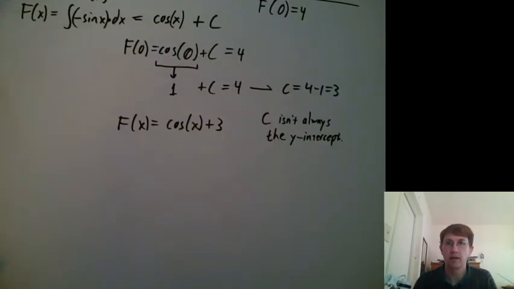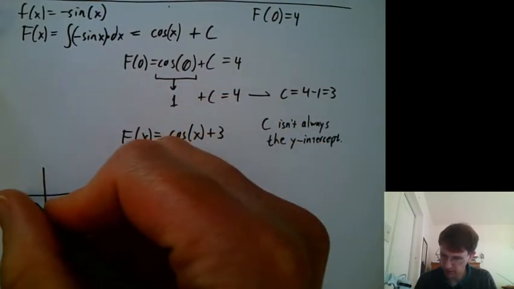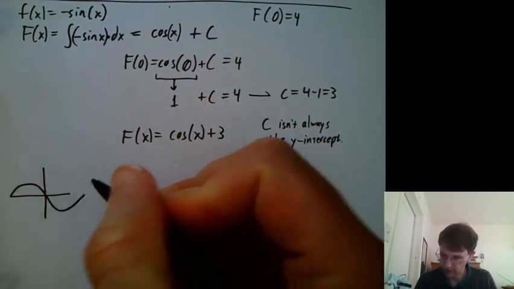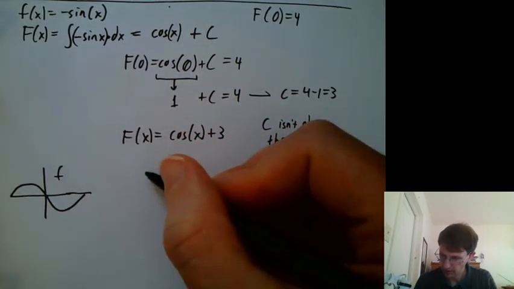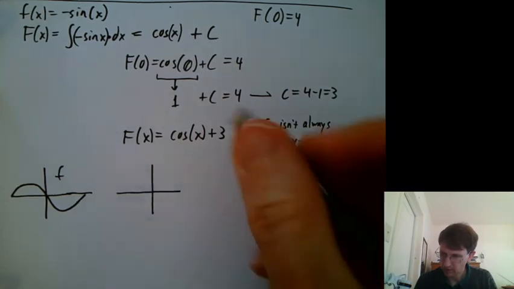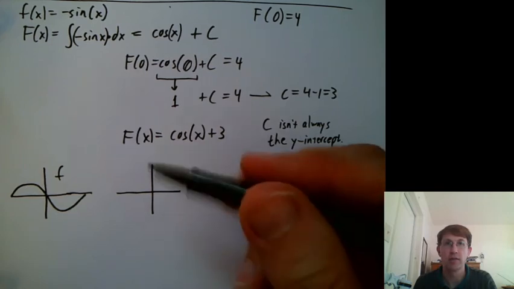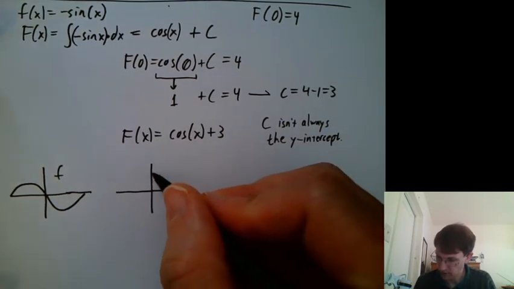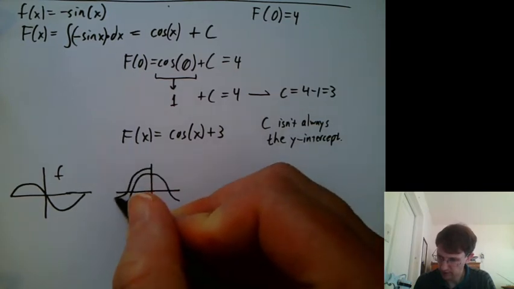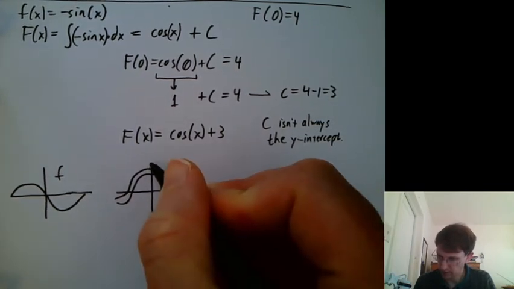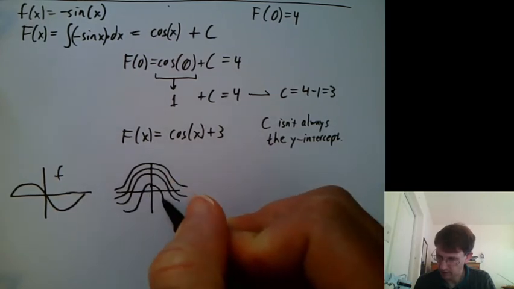So let's diagram again what happened. We had little f of x was a negative sine wave, and then we took the antiderivative and got cosine, but it's cosine that could be shifted up or down. So it could be a regular cosine like that. It could have been slightly higher. It could have been even higher than that. It could have been lower.